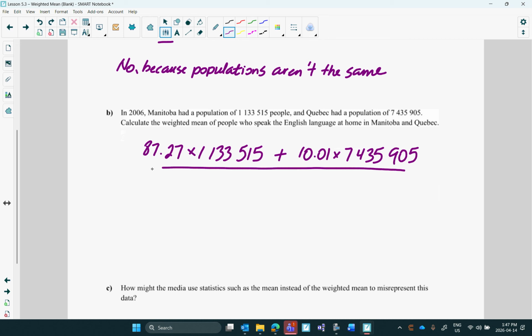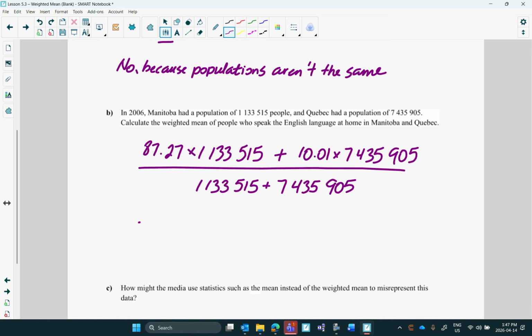And then we want to divide by the total weight or total people, so we have to add the two populations. Like so. So this is a data value times weight plus data value times weight, over the sum of the weights.